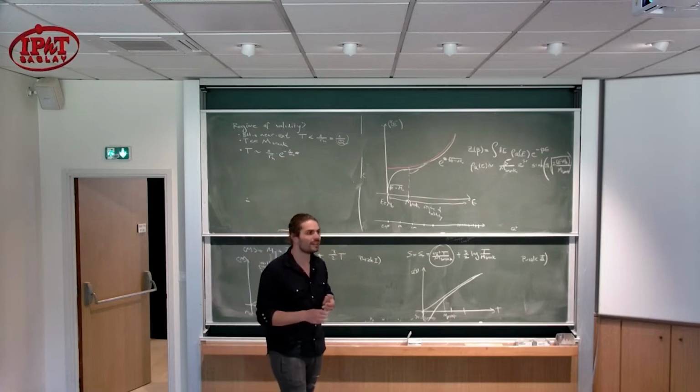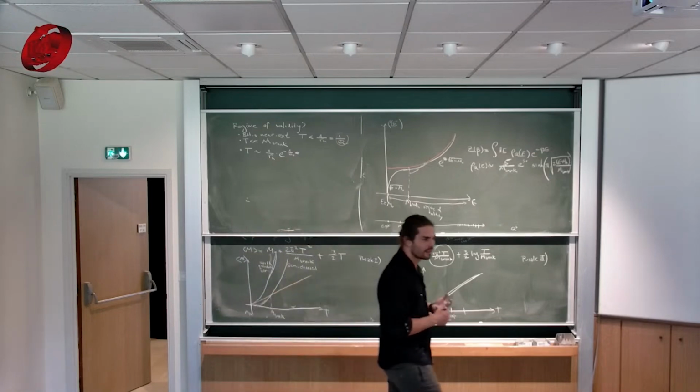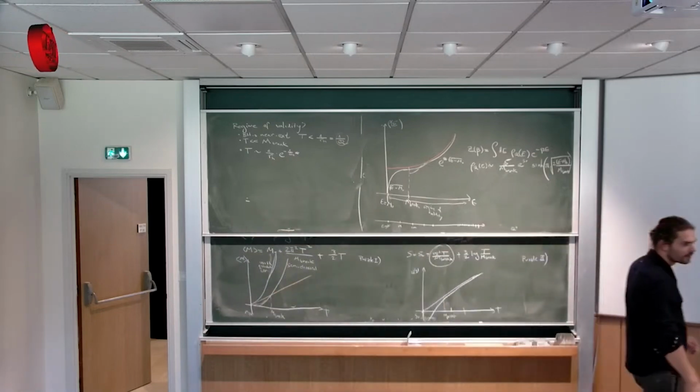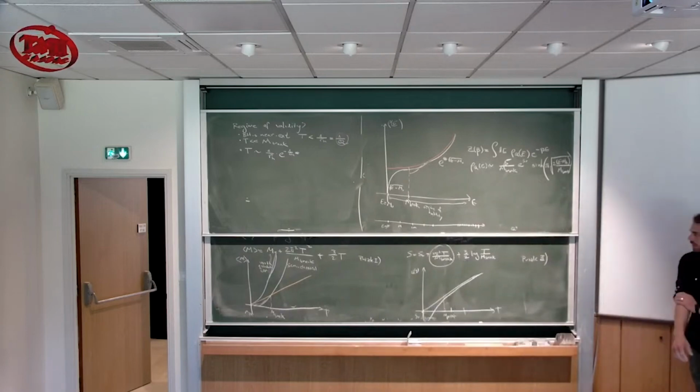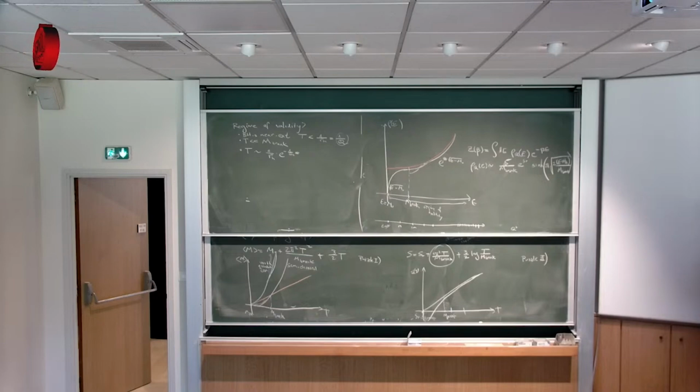I just wanted to add, I understand that you don't like the fact that the density of states is not a sum of delta functions, but do you understand the square root behavior of the... You mean physically? Yes. Perhaps that will come up again. The square root behavior is extremely common in chaotic systems.